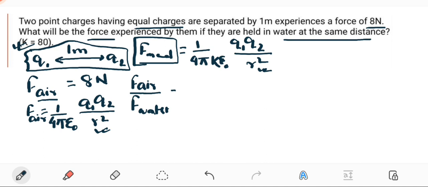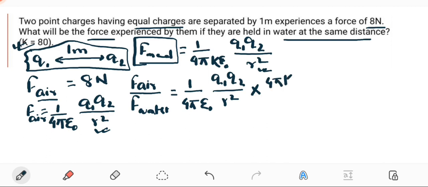For air it is 1 by 4 pi epsilon naught q1 q2 upon r square, divided by the force in the medium, which is 1 by 4 pi epsilon naught k q1 q2 upon r square.